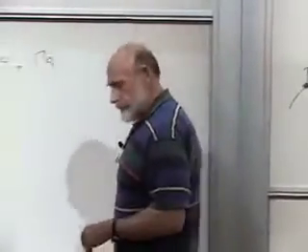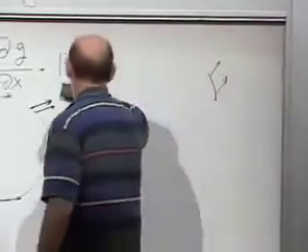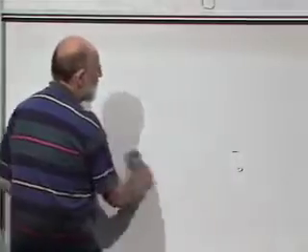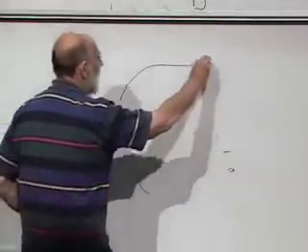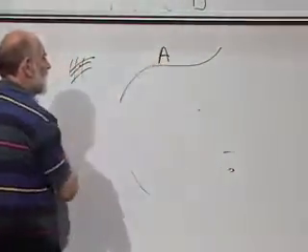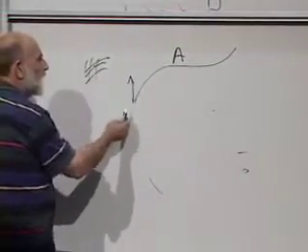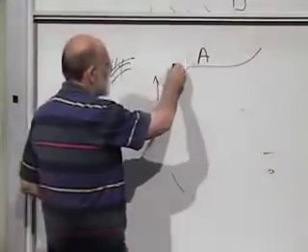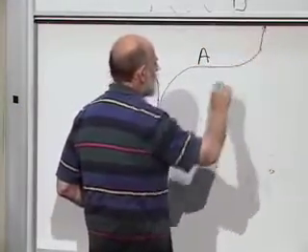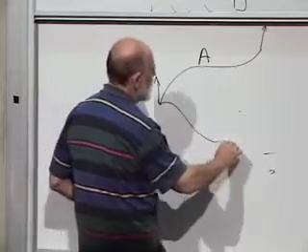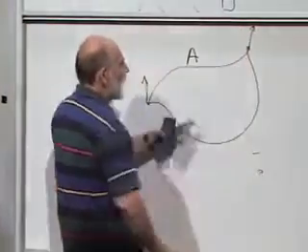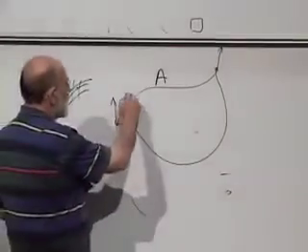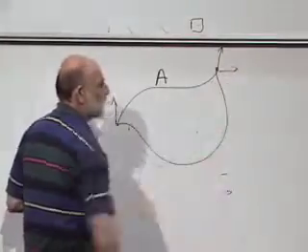How do I know that if I parallel transport a vector from one place to another along curve A, I started over here, and I transport that gyroscope over here, that if I did it along a different curve, I would come to the same final conclusion? How do I know that it wouldn't come out in some other direction?